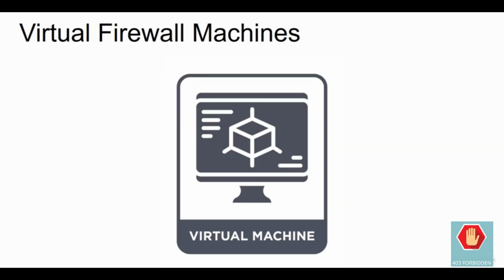Some firewalls have no dedicated hardware. They are a virtual machine which runs in a special operating system environment that allows multiple devices to run on a single hardware computer server. Under this model, the entire firewall's operating system and software are packaged into a virtual machine that runs on any virtual environment as pure software. The administrator then maps it to the physical VM server, allowing it to use the external ports and connections.